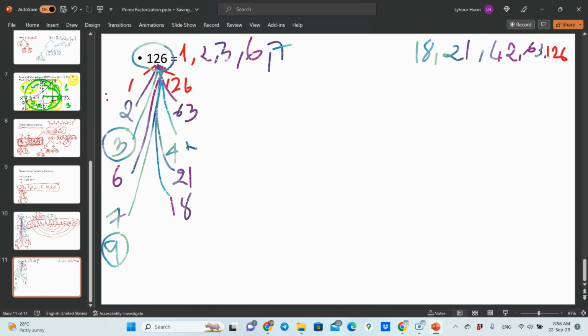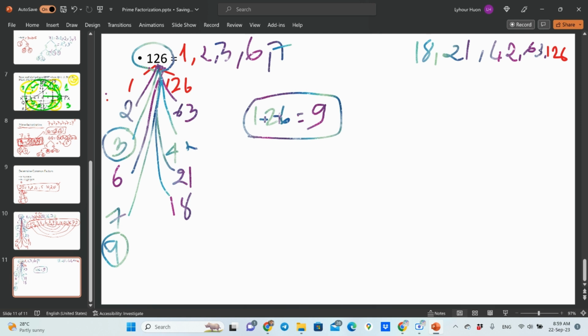The sum of all the digits. Yeah, the sum of all the digits, 1, 2, 6, when we add them together is equal to 9, right? 1 plus 2 is 3, plus 6, it's 9.